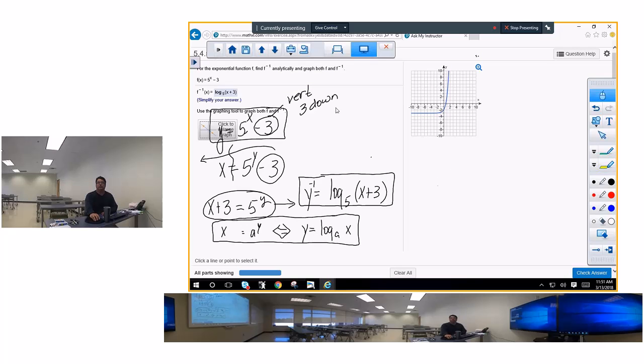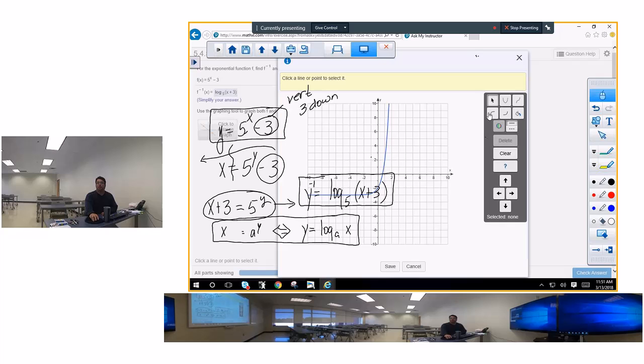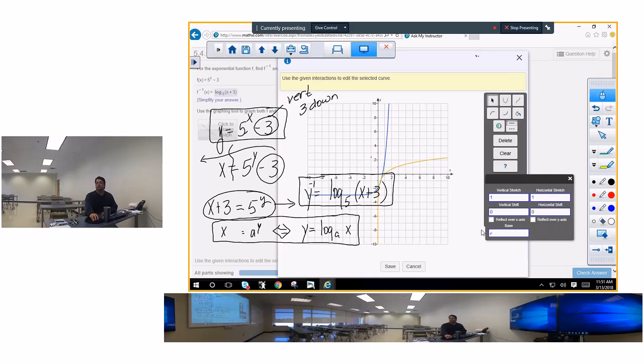And hit save. And then hit it again. And we're going to do the logarithm. See, it already goes to logarithm. Well, it should be logarithm. And we've got a horizontal shift of 3 to the left. Wish it would cooperate. Minus 3. But this needs to be the logarithm.